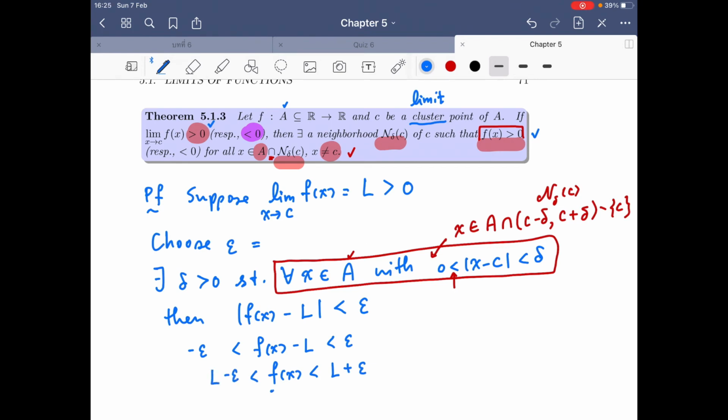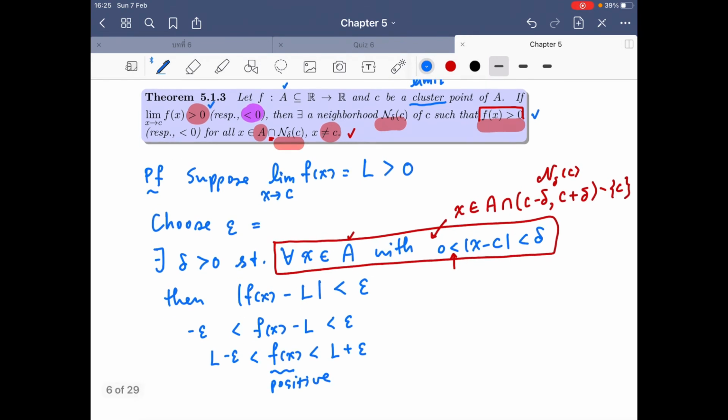But you need f(x) to be positive, right? If we can conclude that L minus epsilon is positive, then of course f(x) is positive whenever x satisfies this condition. So you can just choose the epsilon such that L minus epsilon is positive.